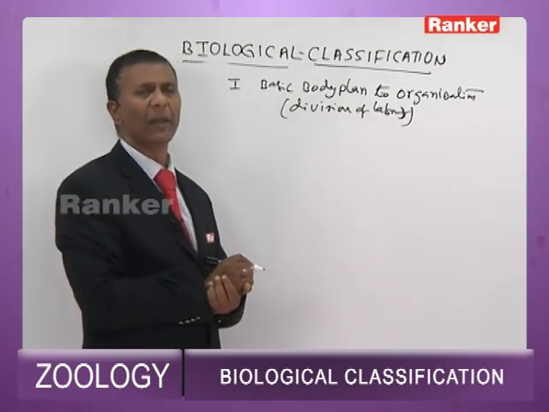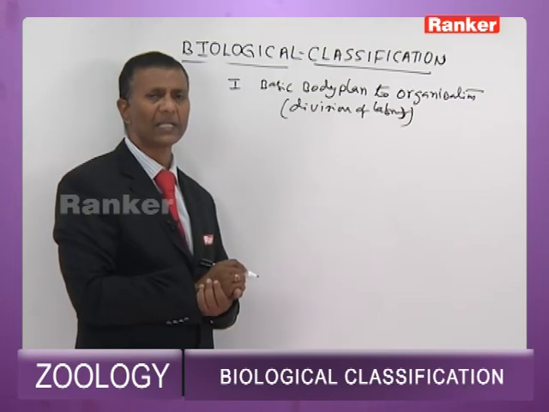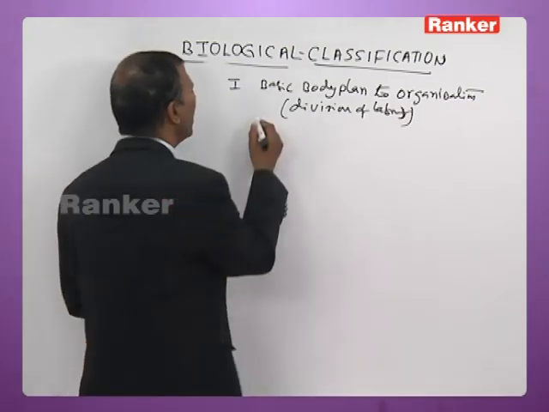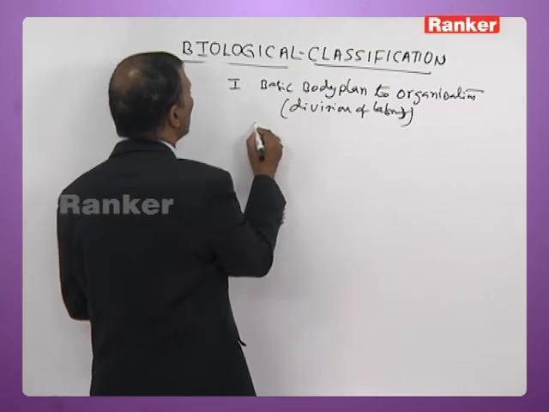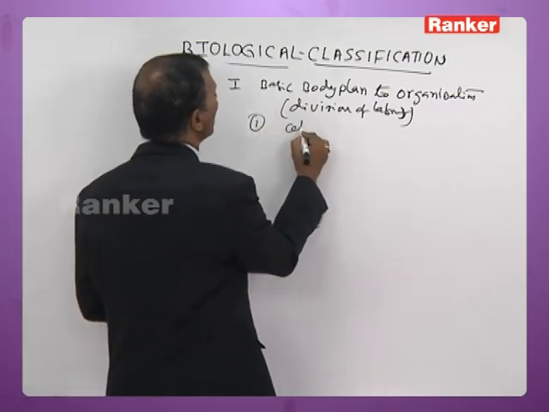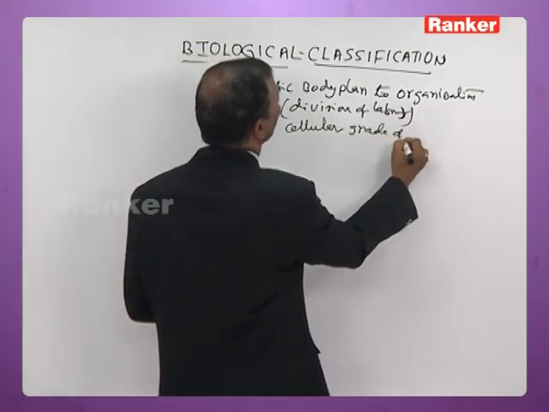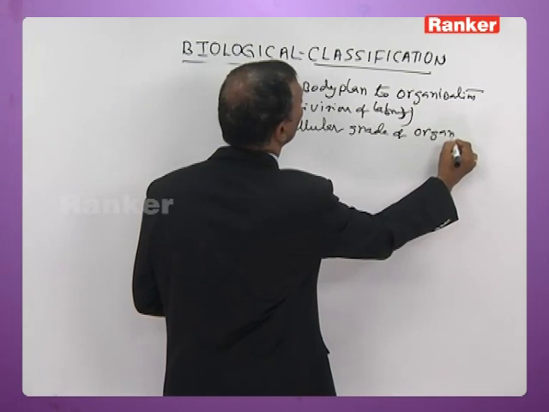On the basis of division of labor, the animals exhibit 3 kinds of organization. First you have cellular grade of organization.